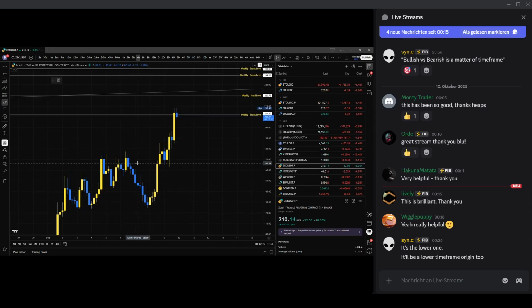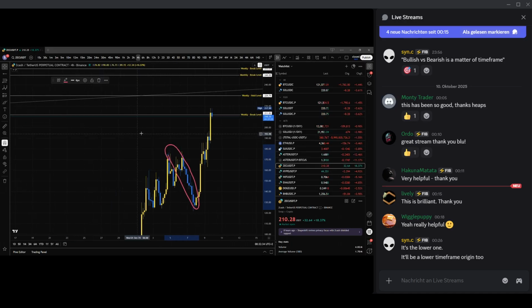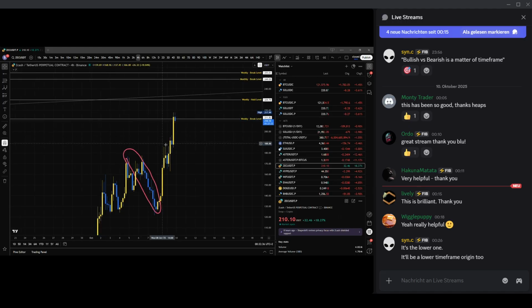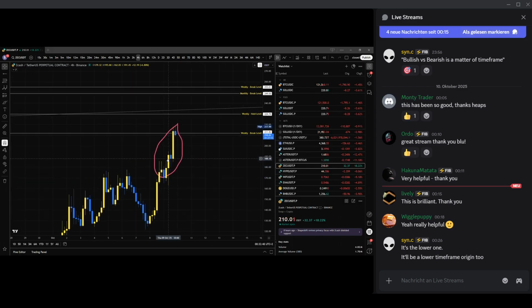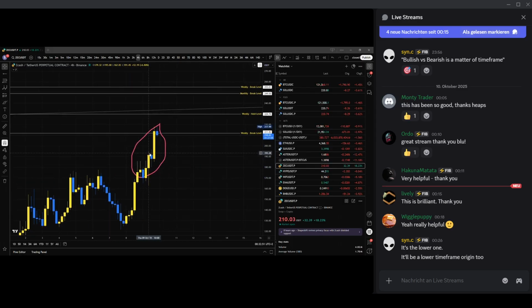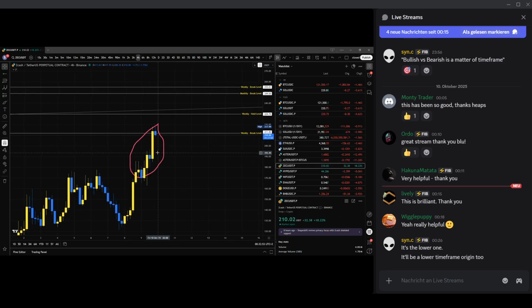As I explained earlier, this backside already went above it, so you would have to go really far left to find the backside of this running piece of front side. But either way, it is some form of front side right here, and you're trading a one candle situation. So one up, one down, one up.